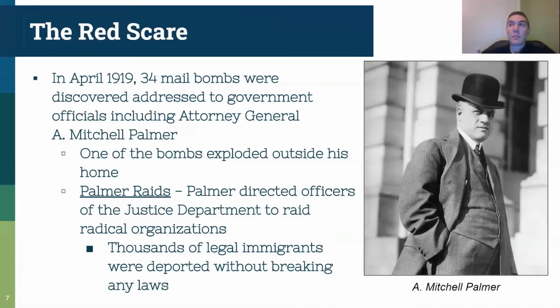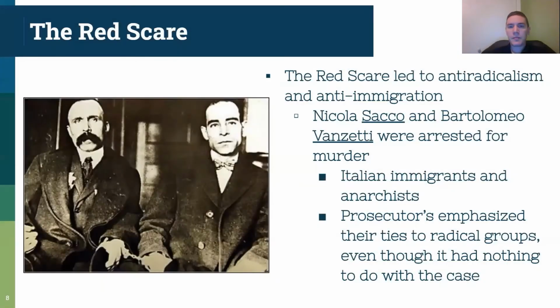The Red Scare was also about people who they determined were radicalists, people who wanted to go against the government, like with the Palmer raids, where a bunch of people in the government were sent bombs through the mail, and so Palmer, who was the Attorney General, there he is, raided radical organizations and deported thousands of legal immigrants, even though they didn't break any laws. The Red Scare leads this anti-radicalism and anti-immigration movement in the United States.